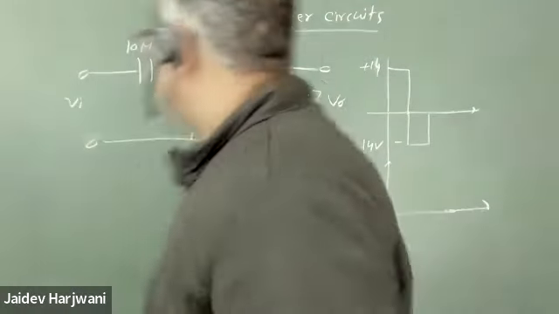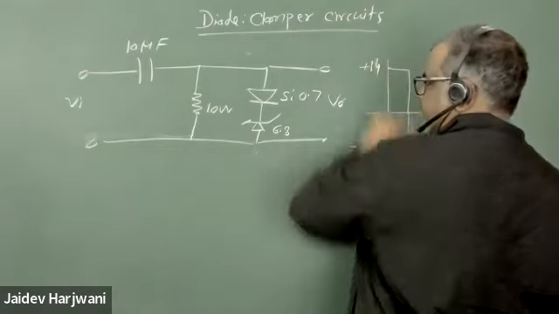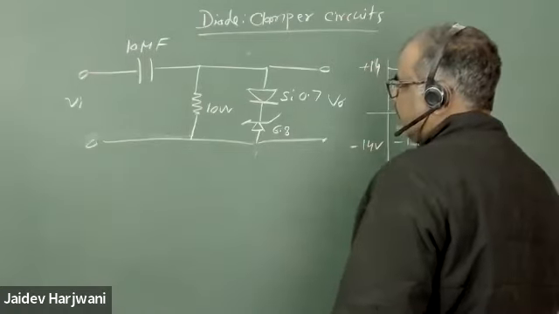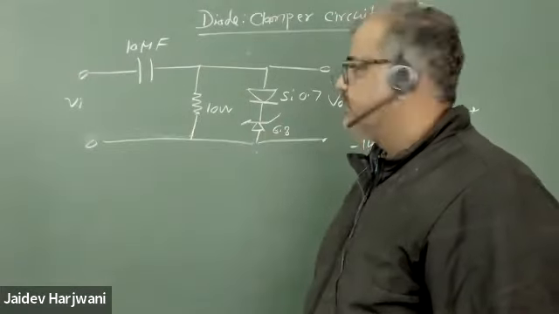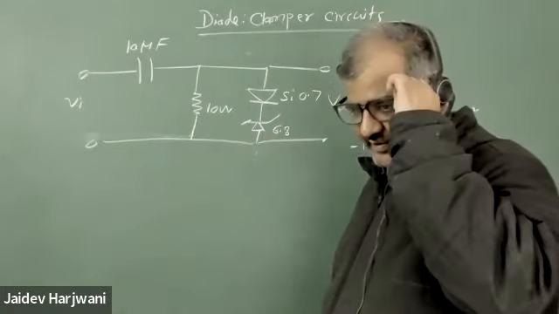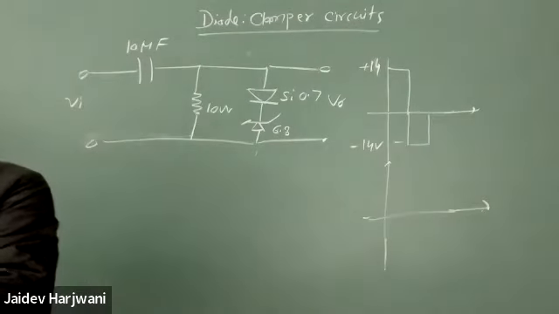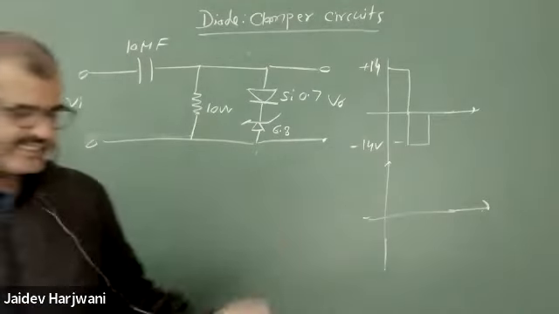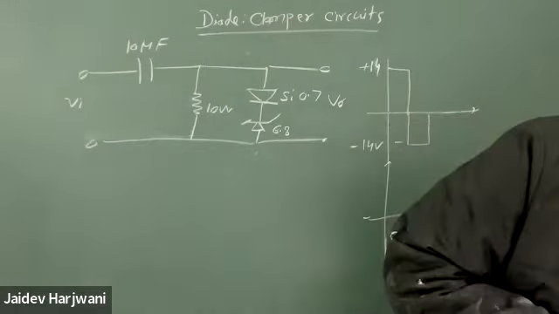So this is VC. This is maximum 1.4 volts. Now tell me, if I want the current to flow, what is the condition? If I want current to flow in the circuit, if I want my capacitor to charge, what should I do first?